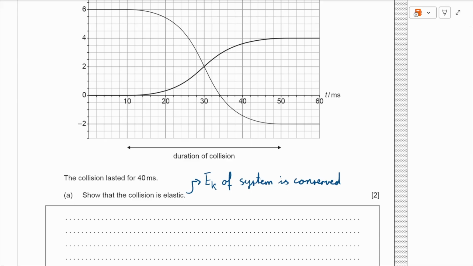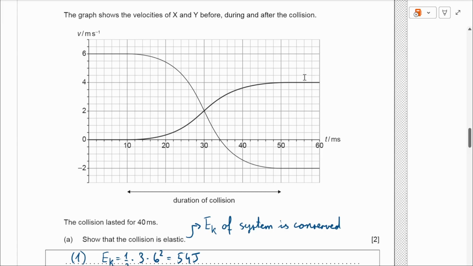So the kinetic energy at the start, I'll label this as position 1, is just 1/2 times the mass of car X times the velocity of car X squared, and this will be 54 joules. And then in part 2, after the collision we need to see what kinetic energy we have, and ideally these will be the same.